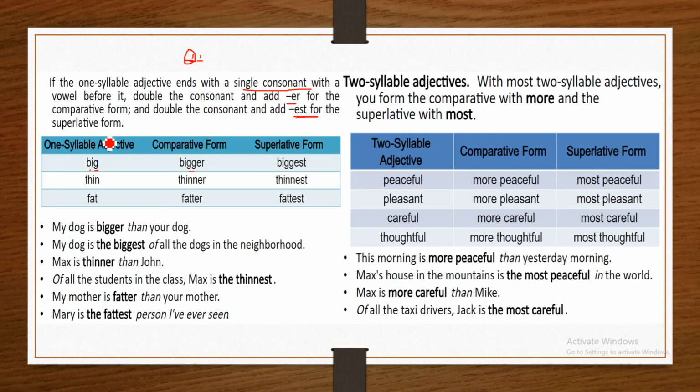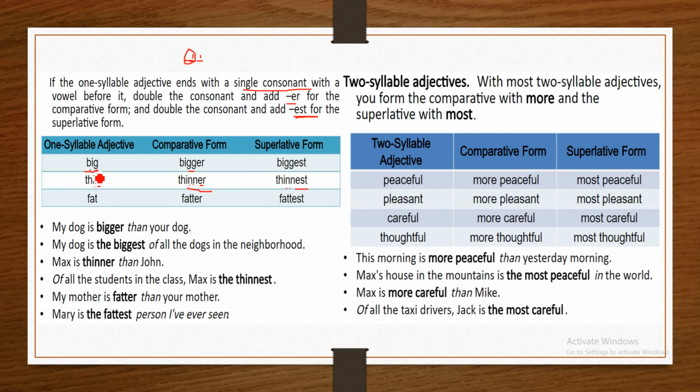It means whenever we have a one-syllable adjective that ends with a consonant with a vowel before it, for the comparative form we double the consonant and add er to it, and for the superlative form we double the consonant and add est to it.